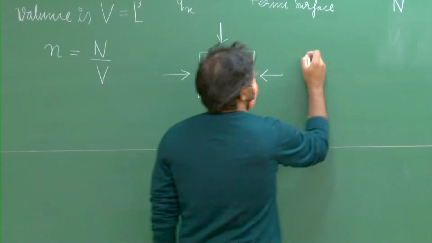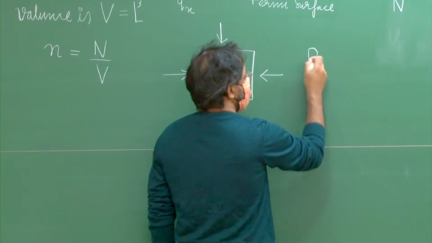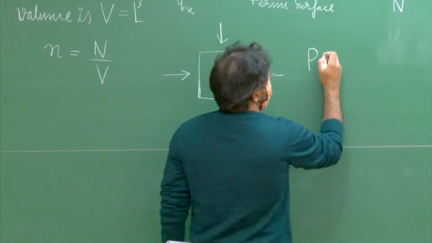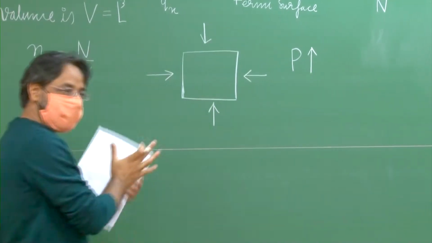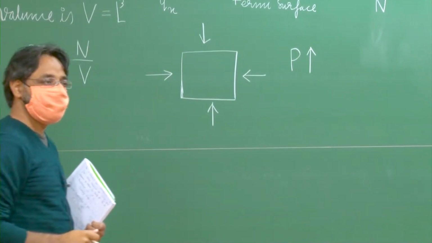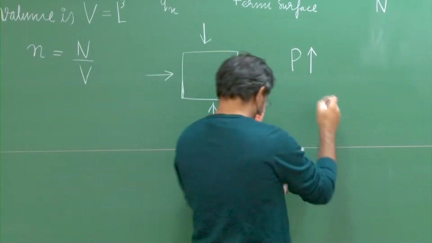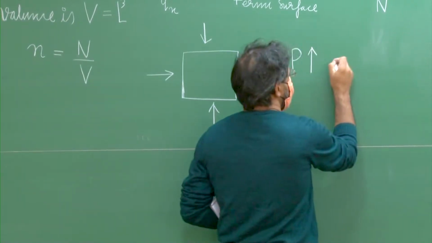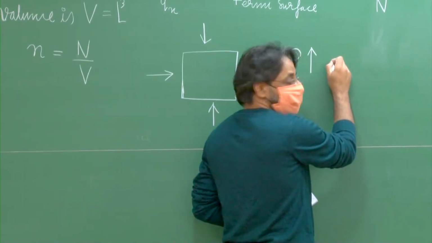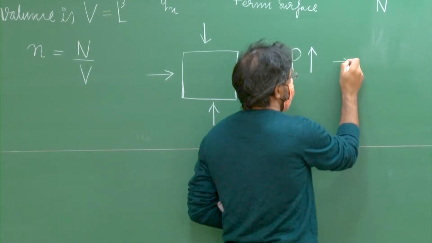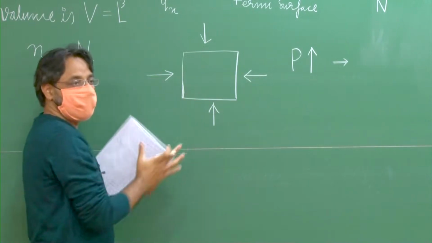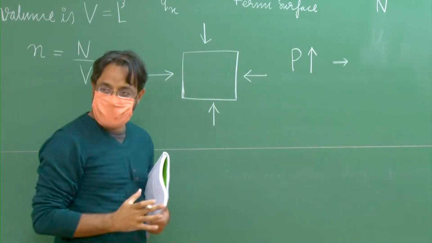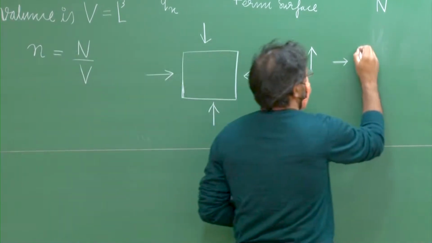You are increasing the pressure in order to compress the electron gas. If you apply pressure, what will happen to the volume? The volume will squeeze, the volume will decrease, so the volume will come down.